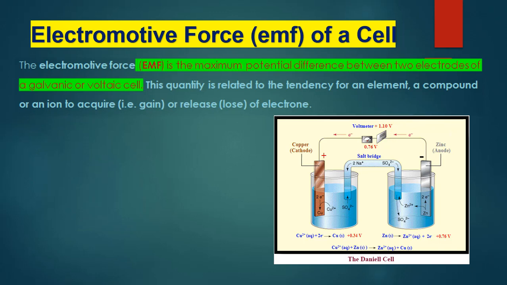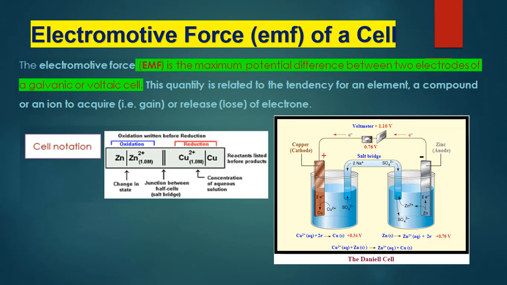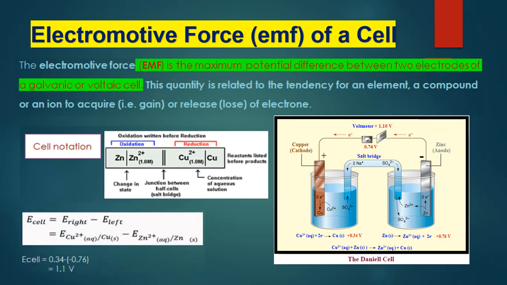The external voltage created is 1.1. These are at standard conditions. Standard condition means room temperature, pressure is 1 bar and concentration of the solution is 1 M. See the cell notation like this, you will write the formula E cell equals E right minus E left, and if you substitute those values, you get 1.1 volt.